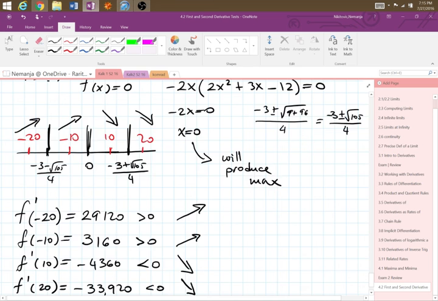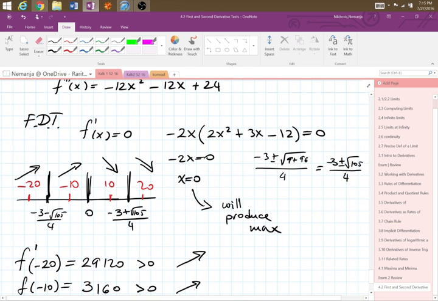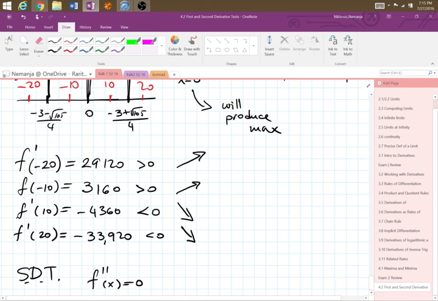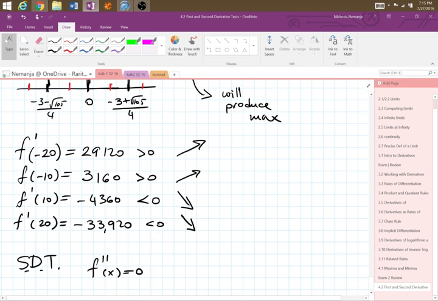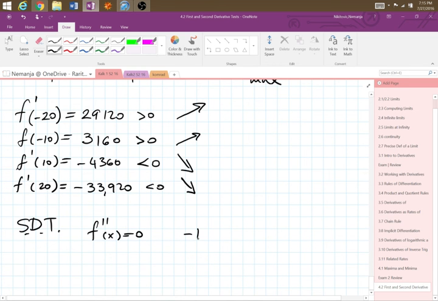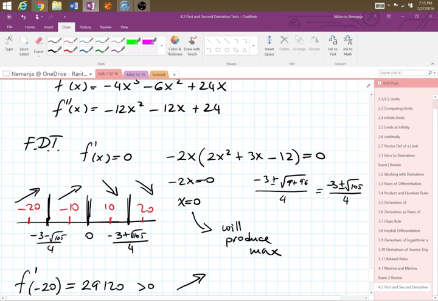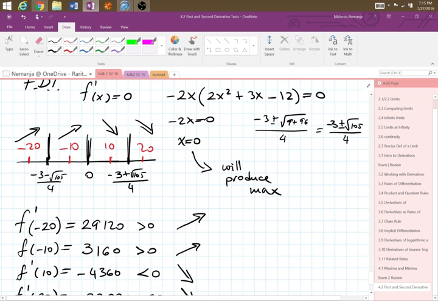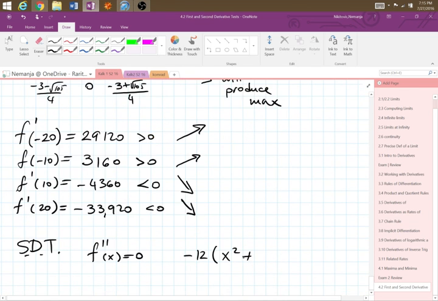The second derivative was, we can factor out negative 12. So factor out negative 12, and we have x squared plus x minus 2 equals 0.